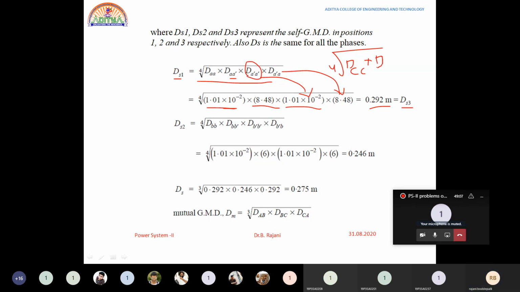D C dash into D C dash into D, means C dash, C we are having.